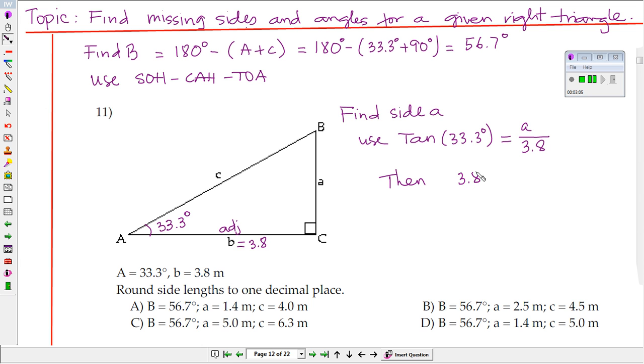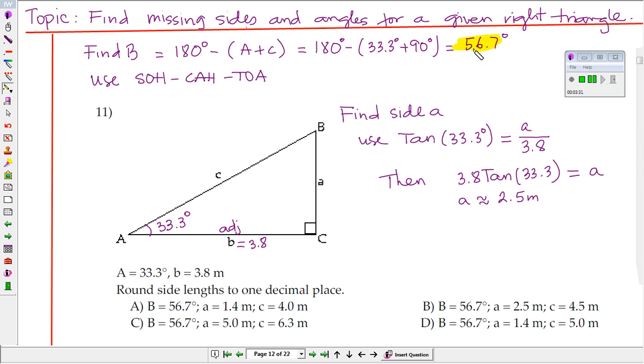Then we multiply both sides by 3.8. So A equals 3.8 times tangent of 33.3 degrees. Make sure your calculator is in degree mode. Then you end up with A being about 2.5 meters.